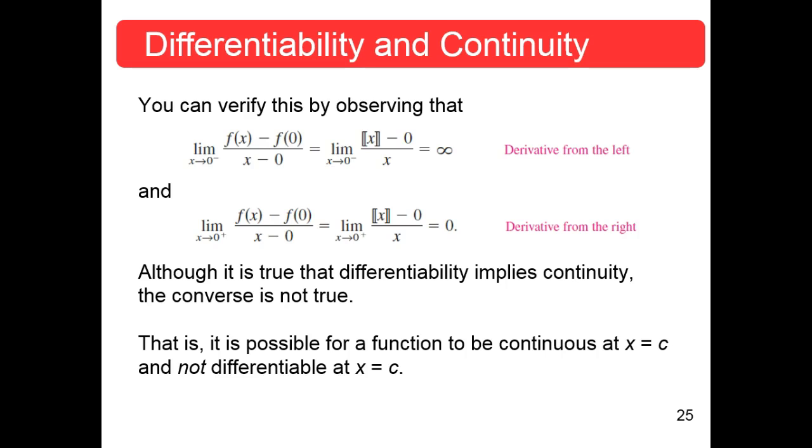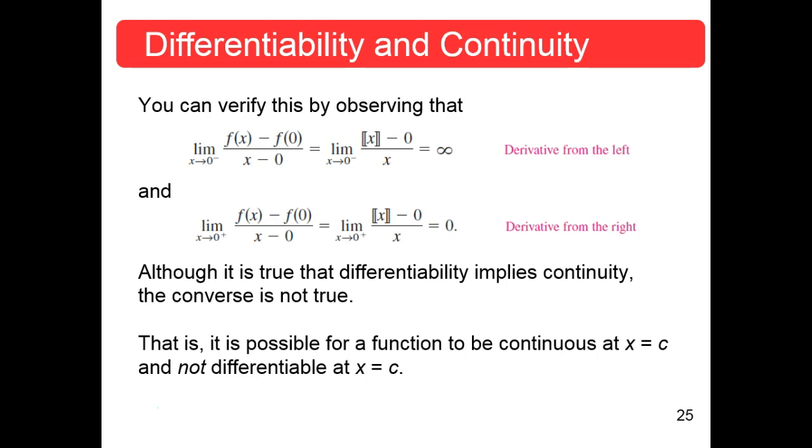From the left-hand side it would be 0, from the right-hand side it would be 1. Can't do it. But if you did it from the positive side, the limit of this is 1, and this is 1, so 0 over 1, which would, of course, be 0.